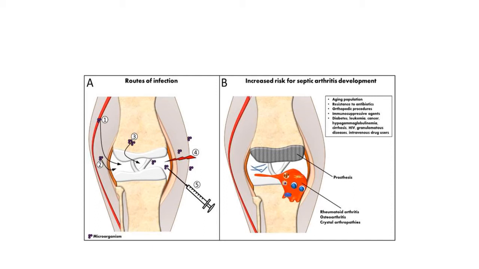The aging population, patients who have developed resistance to antibiotics, patients who undergo orthopedic procedures, immunocompromised patients, and patients who have chronic diseases like diabetes, leukemia, cancer, hypogammaglobulinemia, cirrhosis, HIV, granulomatous diseases, and IV drug abusers, or patients who have some prosthesis, like a total knee replacement or total hip replacement, can also have increased risk for septic arthritis.